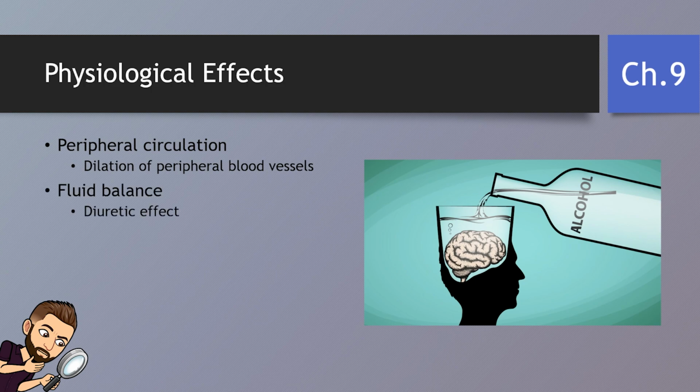Also, it affects fluid balance in the body. It acts as a natural diuretic, which means it's going to increase your body's production of fluids. So you are going to have increased urine production and increased urine flow. It's going to lower your blood pressure in some individuals, but generally it's just going to make your body work overtime to pump out the liquid from your body, which can be one of the detriments of alcohol as well.